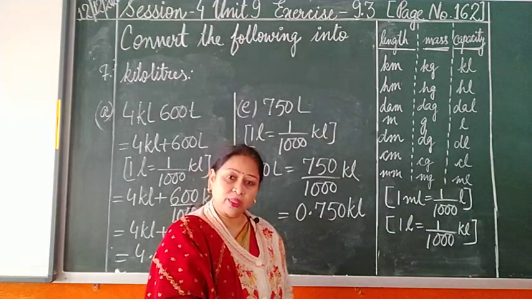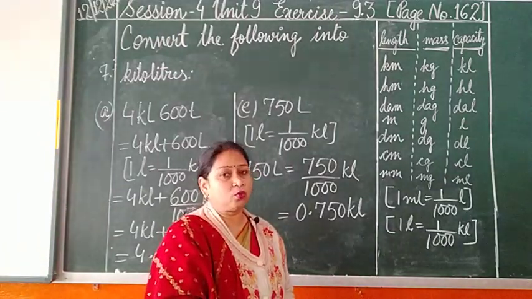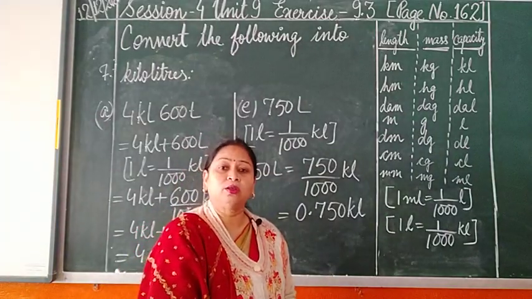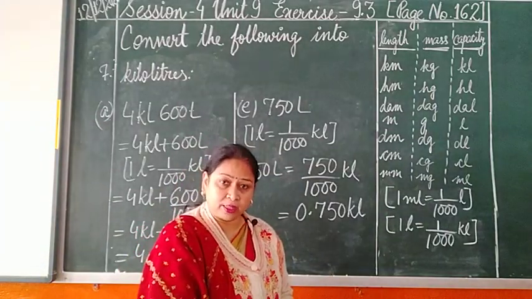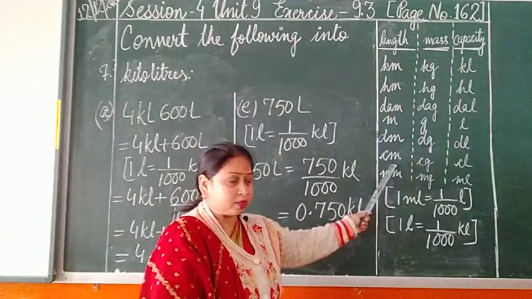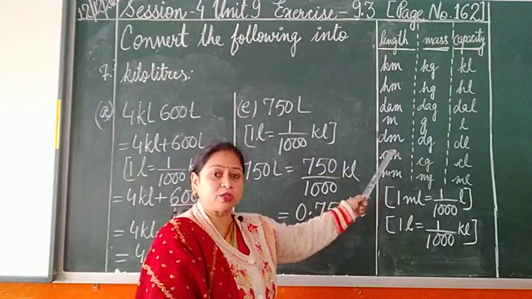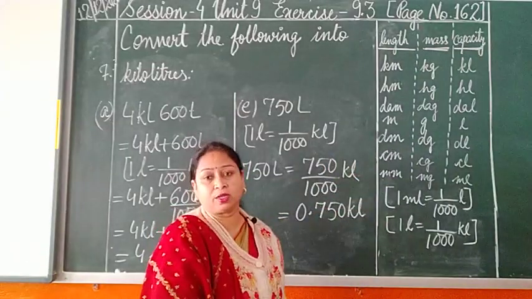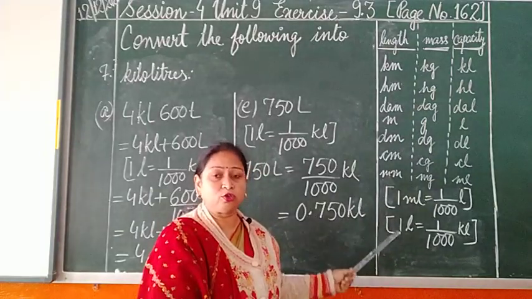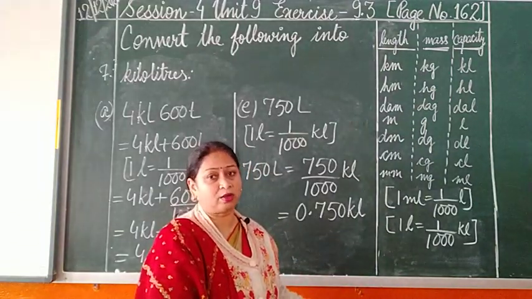As we will be doing in the copy, wherever you will be doing exercises or the questions based on the conversion of length, there you will be writing this table, okay, that is millimeter, centimeter, decimeter, meter, decameter, hectometer, kilometer. If you are writing then and there, that is going to help you when you are doing the conversion.